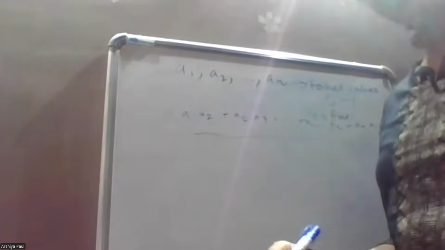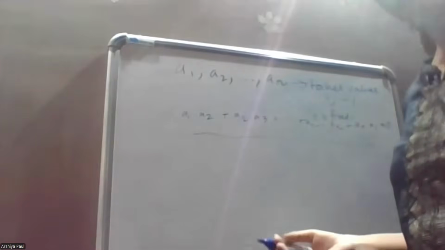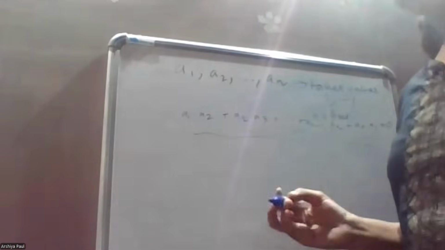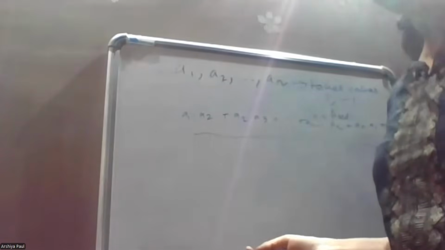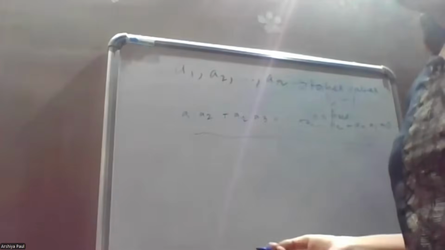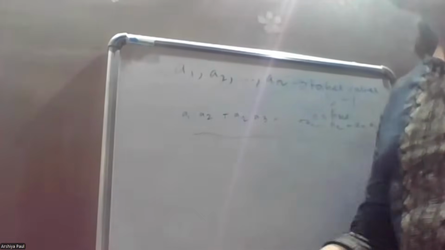So for the sum to be 0, n by 2 of them have to be minus 1 and the remaining have to be 1. Otherwise the sum cannot be 0. If it's odd, then we cannot divide it into two equal parts. Okay. So n will be even, right?